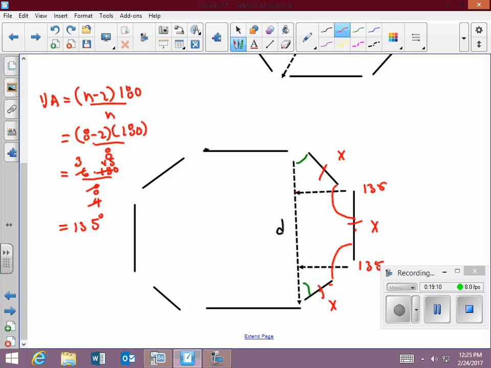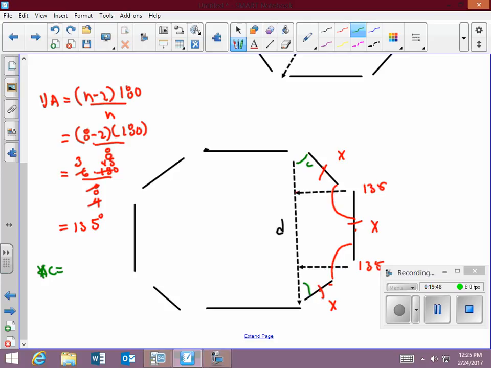And so the sum of the angles of the trapezoid, I want to figure out that angle, I'll call it C. Those are 45s.